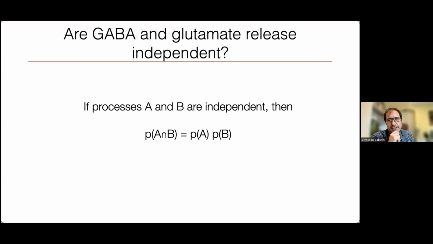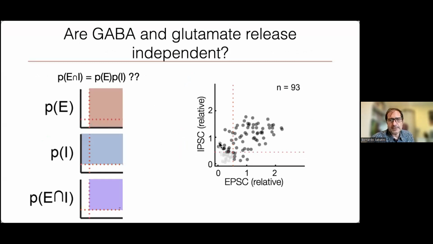Another statistical test that we did is a very simple one, which is ask, what's the probability of seeing a GABAergic current and the probability of seeing a glutamatergic current versus the probability of seeing both at once? And of course, in statistics, events are defined as independent if the probability of seeing them together is the probability of seeing each one alone multiplied. Okay, so what we can do then is measure synaptic events that occur in this shaded region here.